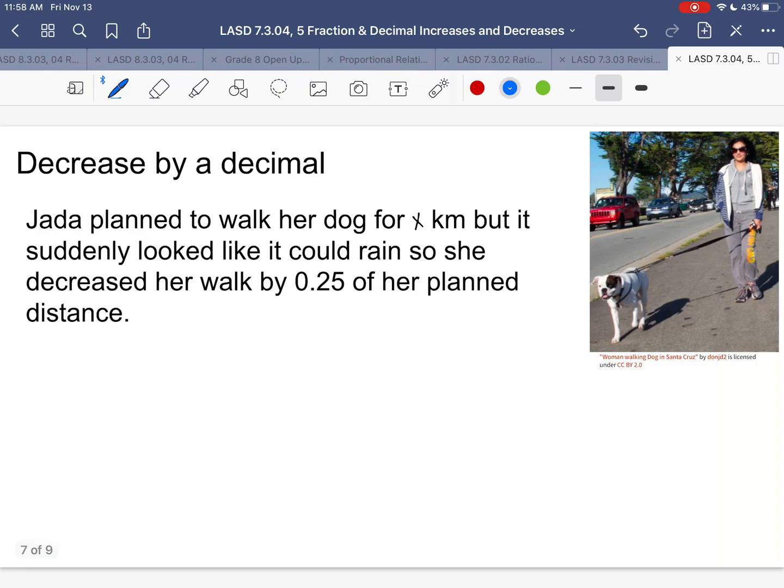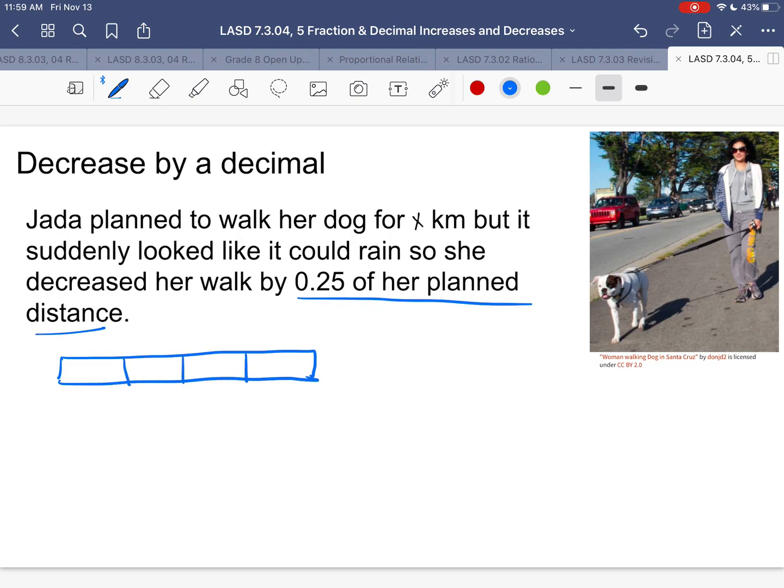And we can do increases and decreases with decimals. So she planned to walk for x kilometers, but she decreased her walk by 0.25 of her planned distance. So again, I can draw x kilometers, and each of these blocks is 0.25, because 4 times 0.25 is equal to 1. That's 1x.